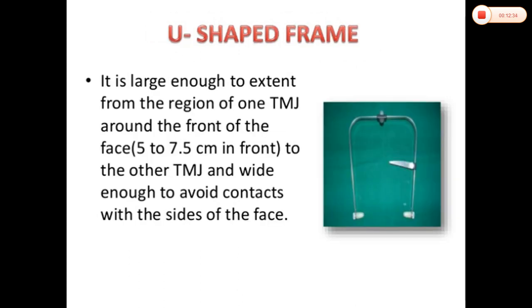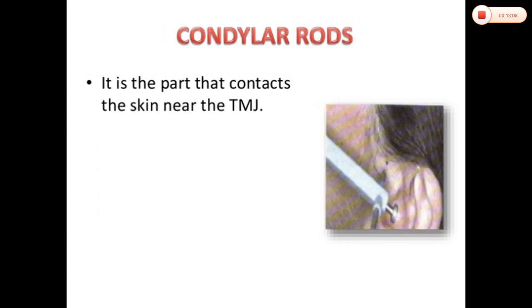So coming to the U-shaped framework. This is exactly how it looks, and it extends from one region of the temporomandibular joint to the other region of the temporomandibular joint, and it is wide enough that it never contacts the sides of the face. The second one being your condylar rods.